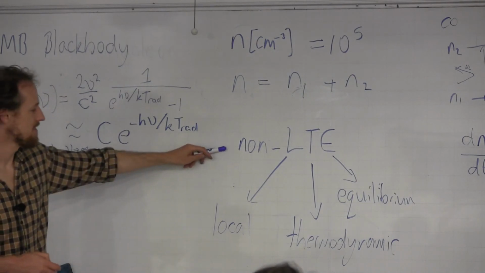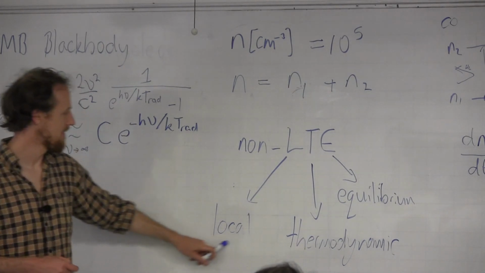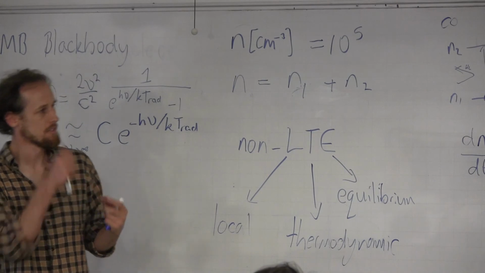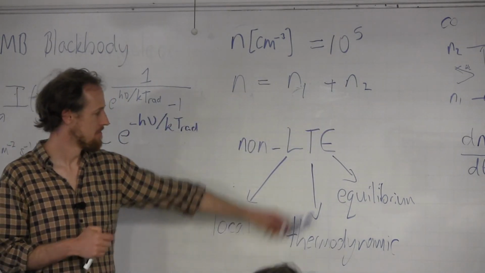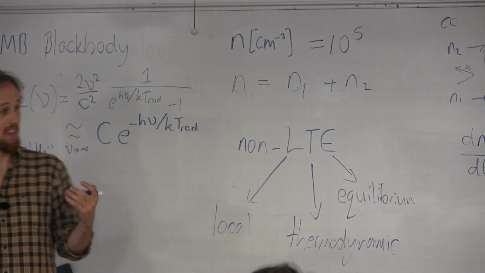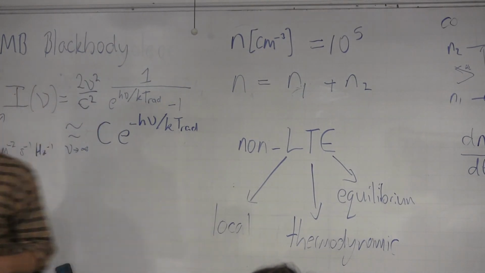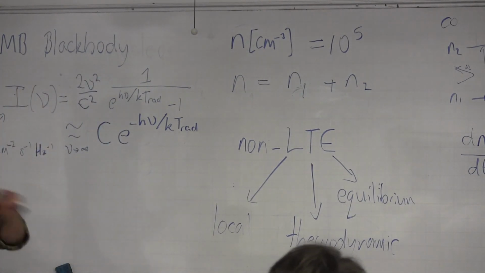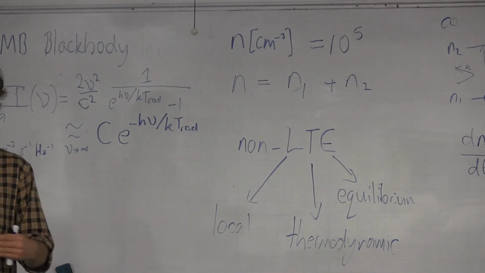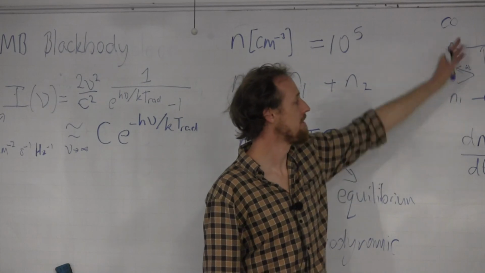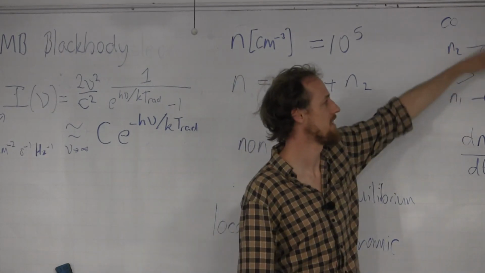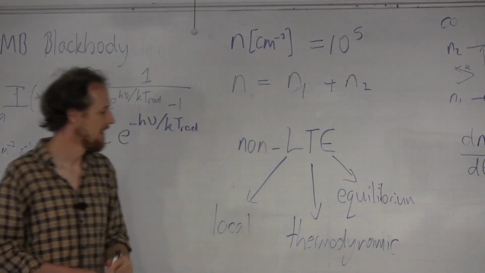If that's not the case, then you have an effect which is non-local, meaning that photons are appearing. You have the effect that it's no longer equilibrium, so that you have either the case where you have such a low density that collisions are not frequent enough to re-pump the particles into their high levels once they radiate away energy spontaneously.